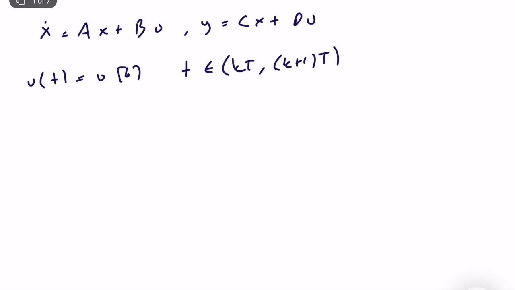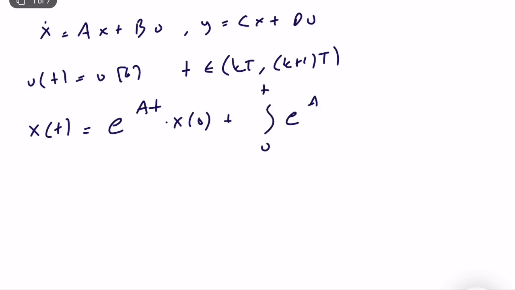Under this assumption, we will start with the general time domain solution of a state space system. We know that x(t) can be written as e to the power At times x(0), which is the initial condition, plus the integral from 0 to t of e to the power A(t minus tau) B u(tau) d tau.